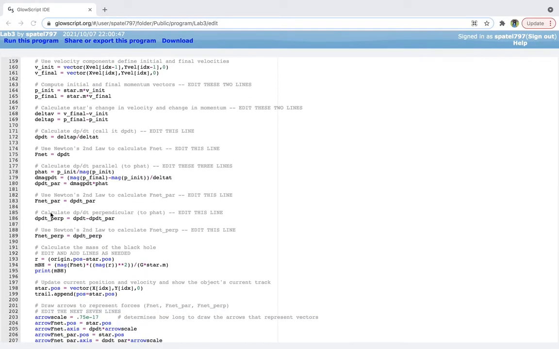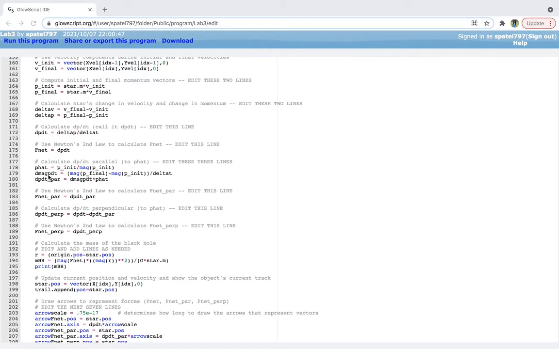We then need to split this net force into two different components, the parallel and the perpendicular. First we define p hat, which gives us our direction, and that is equal to the initial momentum divided by the magnitude of the initial momentum. Then we define d magnitude p dt, which is equal to the magnitude of the final momentum minus the magnitude of the initial momentum, divided by the change in time.